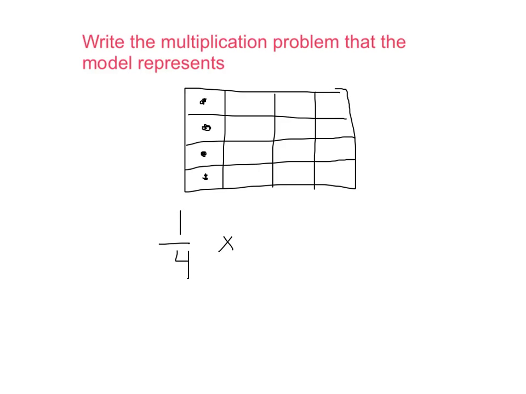Next, I'm going to be shading in a portion of my model, and I might decide to shade in this portion right here. And you can see on my model that looking at my rows this time, 3 out of the 4 rows are shaded.